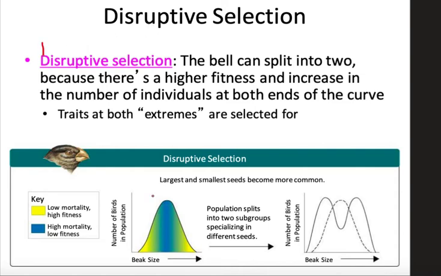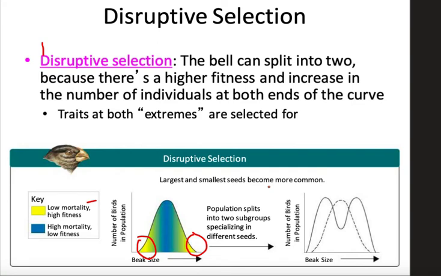Our last type of selection is disruptive. In disruptive selection, the high fitness is actually at the extreme. So these extreme versions of the trait are likely to increase, while the middle values of the trait are likely to decrease.